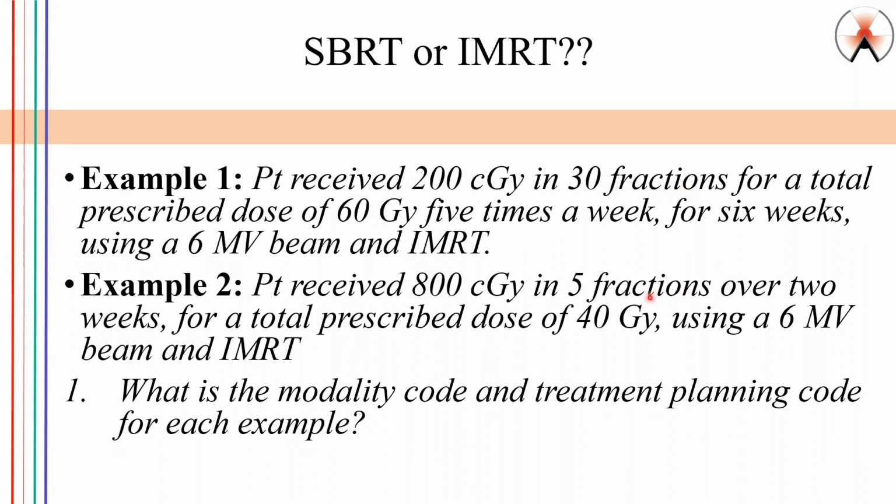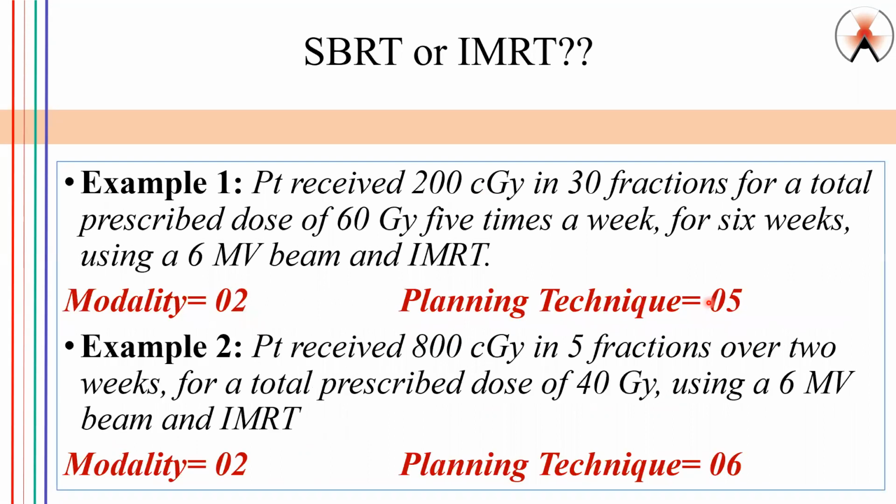A few fractions here, very large fraction size; large number of fractions, very small fraction size. If you dig deeper, you're going to find that this is most likely an SBRT, stereotactic body radiation therapy, and I will code it accordingly.